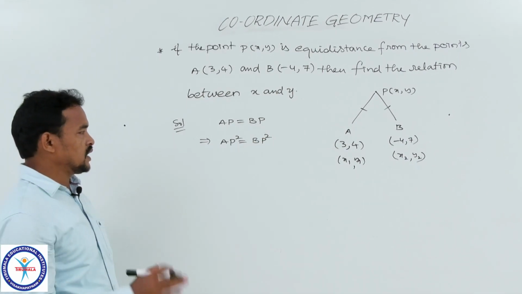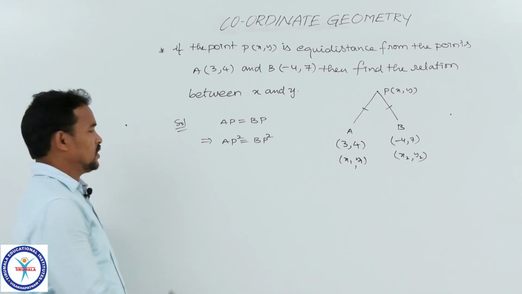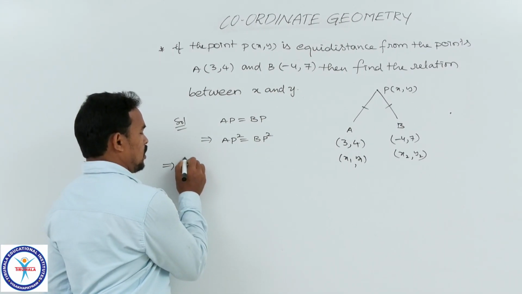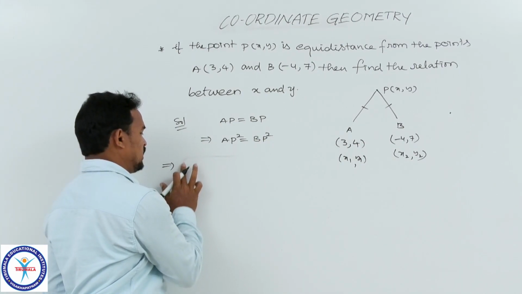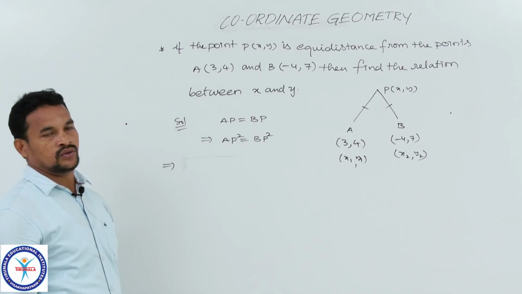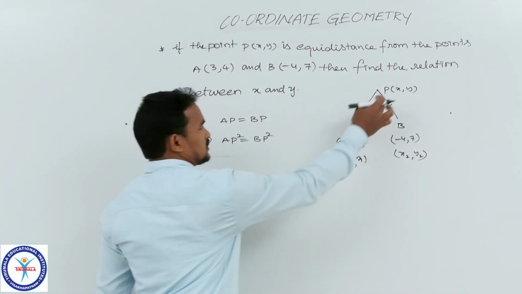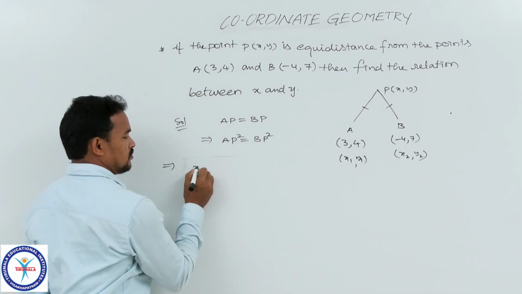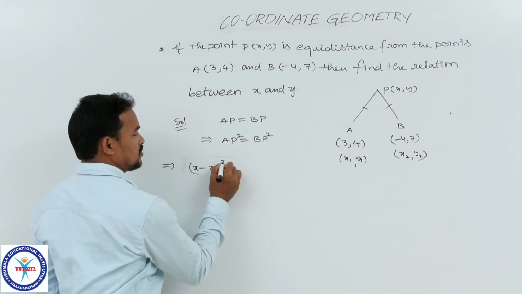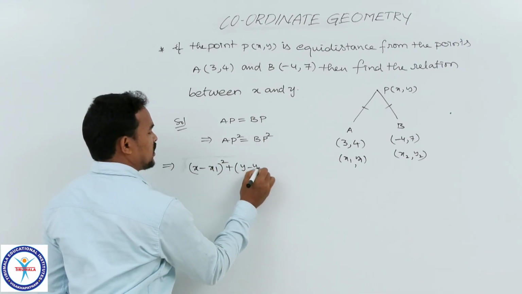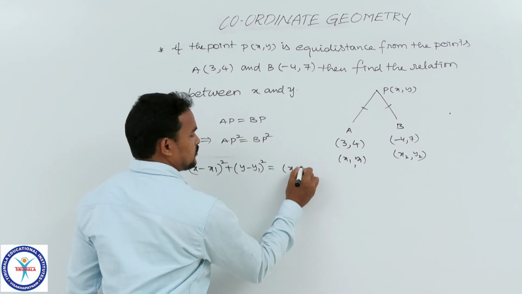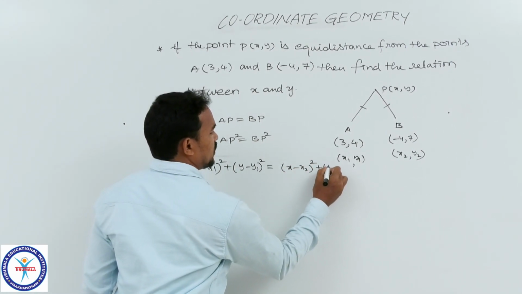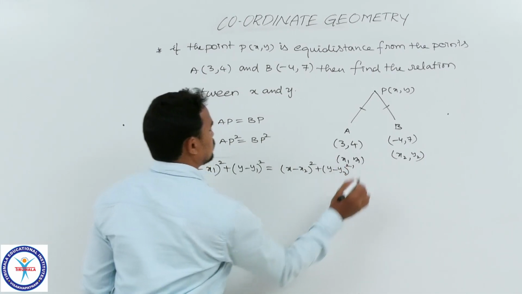AP square means the distance from A to P. Here root no need here because square already taken, no need to take the root. Here AP means x minus x1 whole square plus y minus y1 whole square. BP square is nothing but x minus x2 whole square plus y minus y2 whole square.